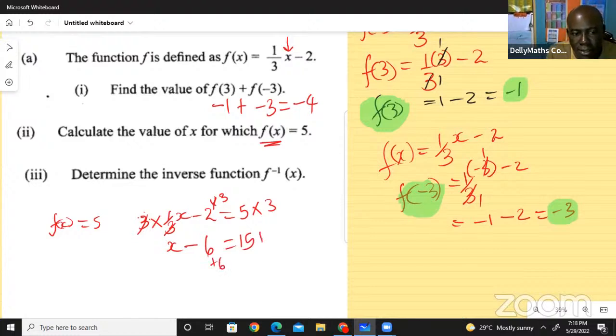Add 6, add 6. X is equal to 21. So what this is suggesting is that if I put 21 where x is, I would work out and get 5.